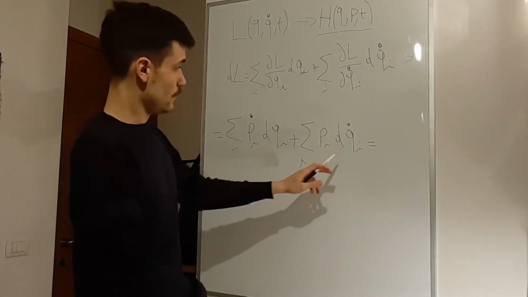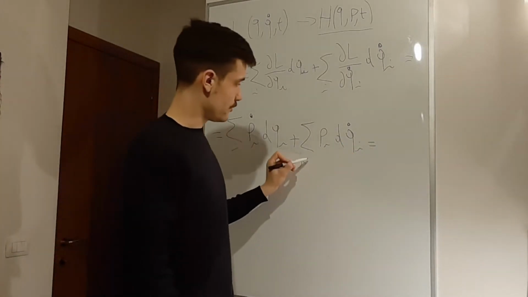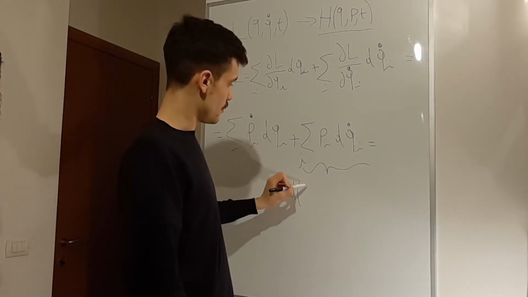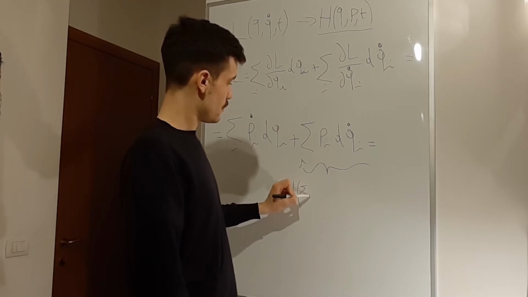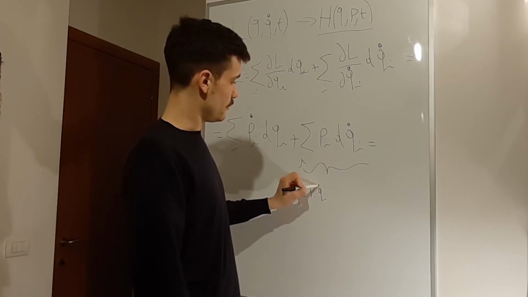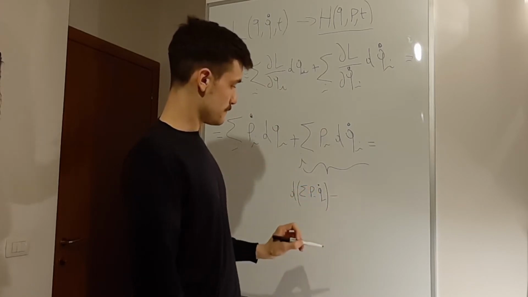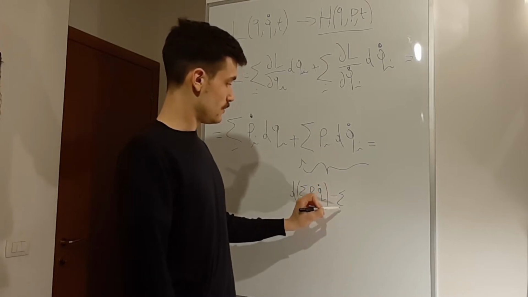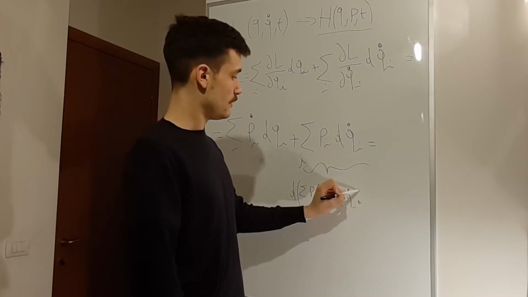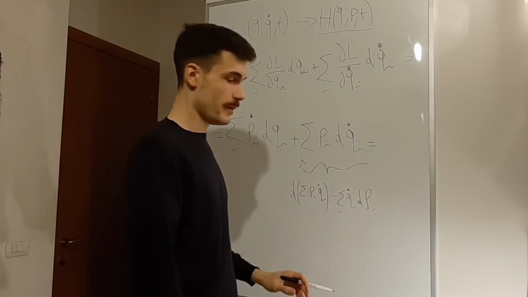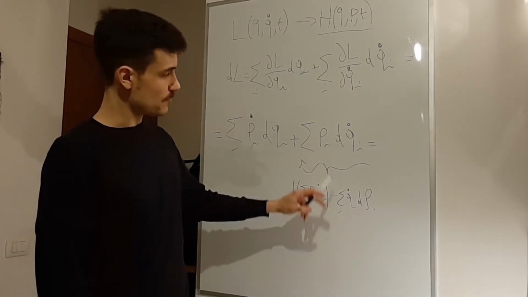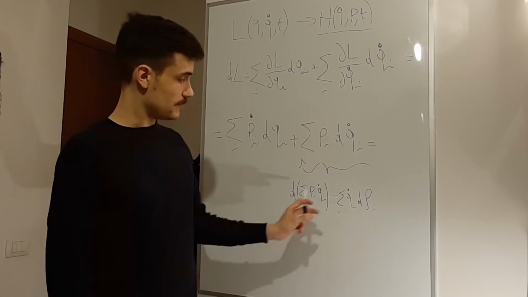Now, this part, with a small mathematical trick, could be written as the differential of p_i q_i dot, minus the sum of q_i dot times the differential of the momentum. If you take this differential, you get the sum of these two, so this one can be written as this difference.